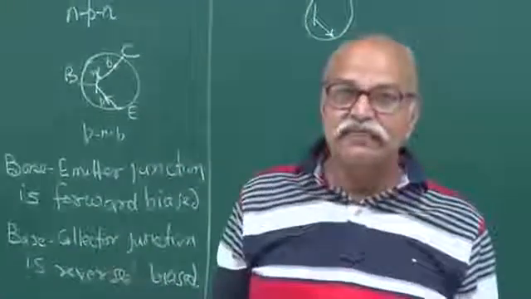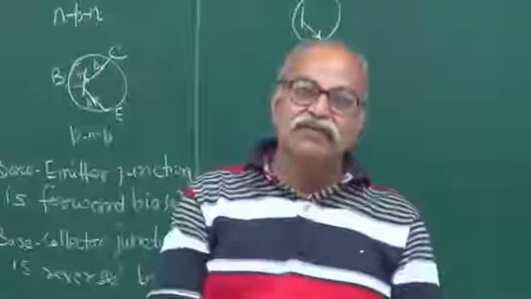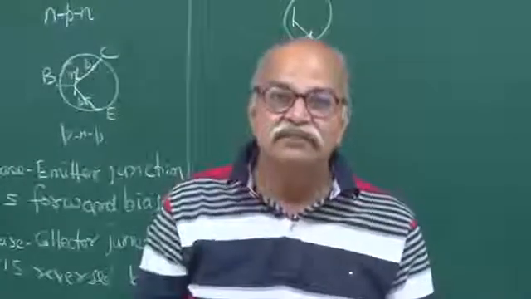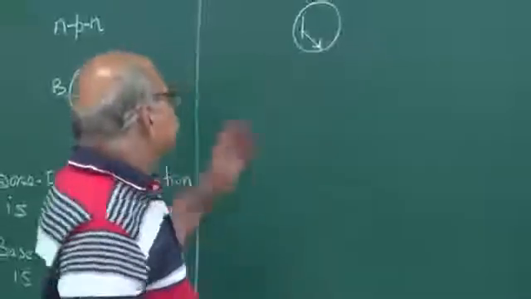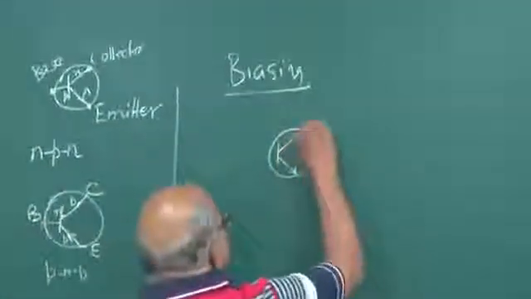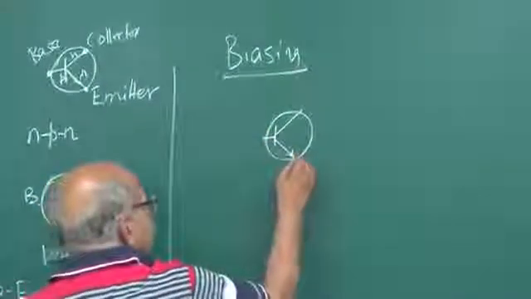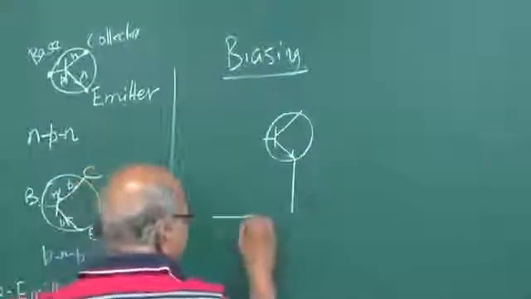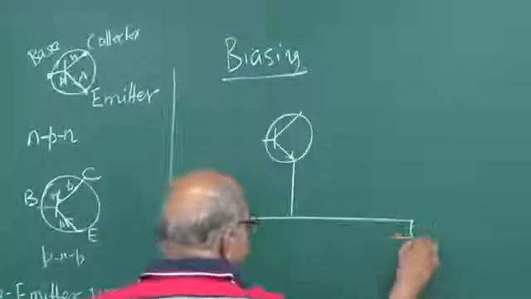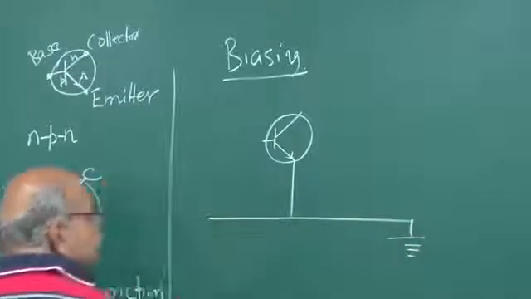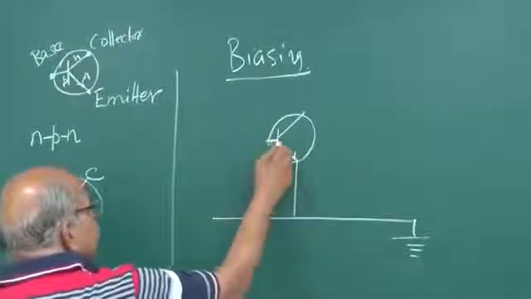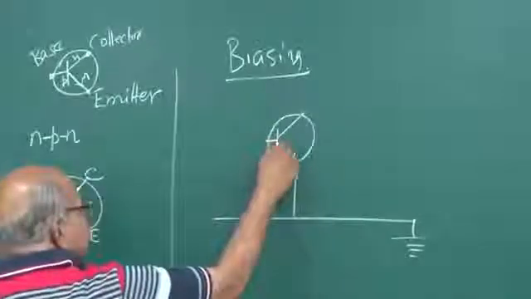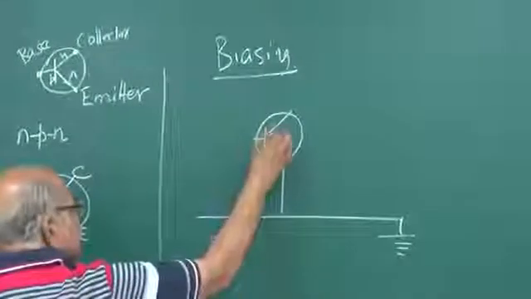As I said earlier, all the arrows will be inverted and all the polarities of the battery cells will be inverted. So, if you have this transistor, then let us take this as the common terminal, 0 grounding, and then this base emitter junction should be forward biased, and remember this is NPN.